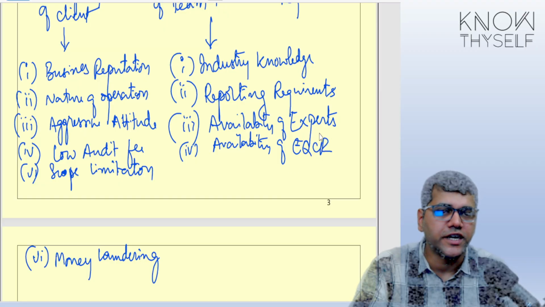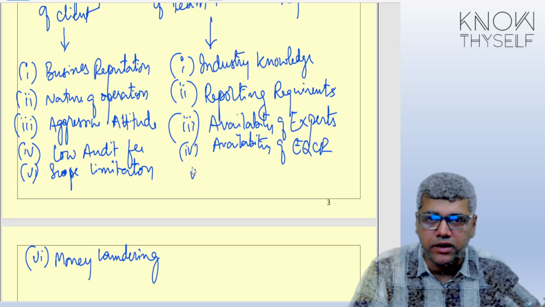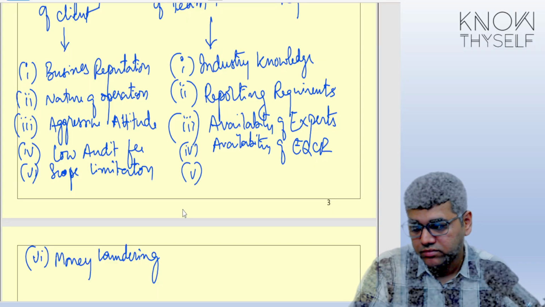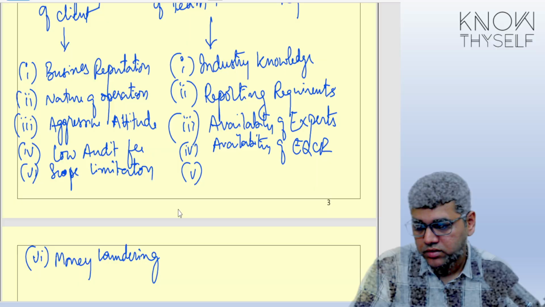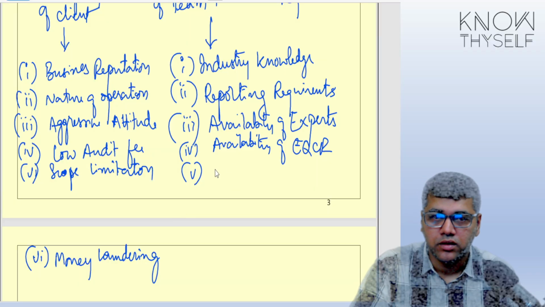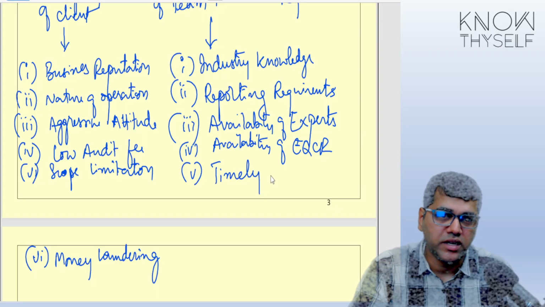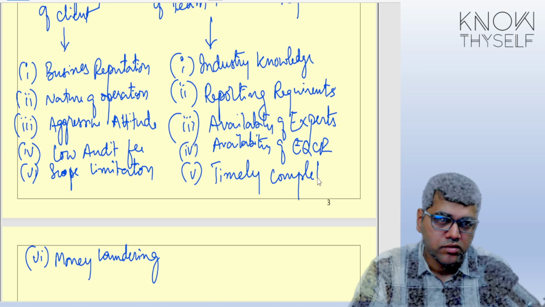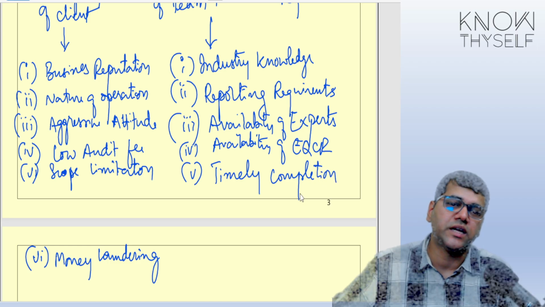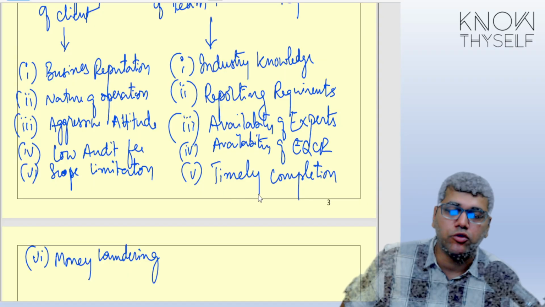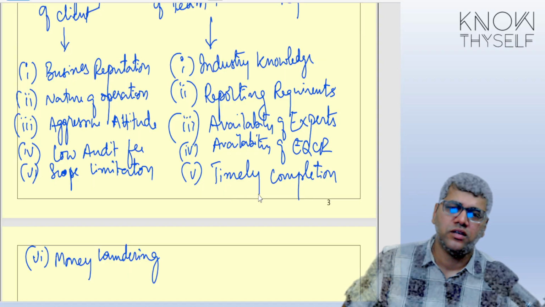Because if you are a listed entity auditor, then you need to have that EQCR. If not available, you cannot touch it. Timely completion. Can you complete within time? You may have an expert and EQCR, but if time is not there, don't accept it.